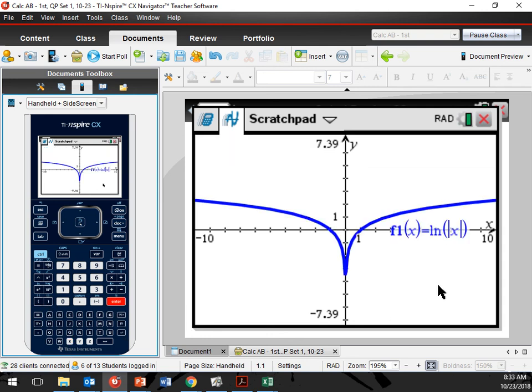There we go. So there's the absolute value of that.